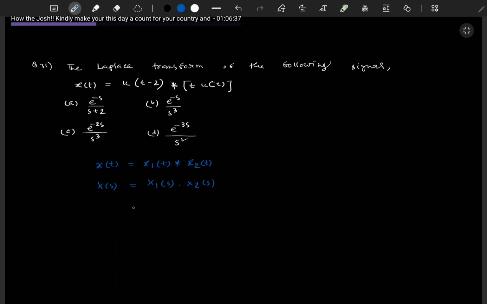So X1 is e to the power minus 2s by s, into, actually it's the ramp function, so it is 1 by s square, so e to the power minus 2s by s cube. So option C.